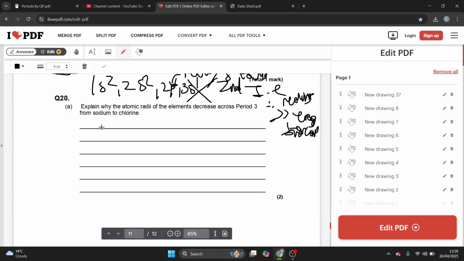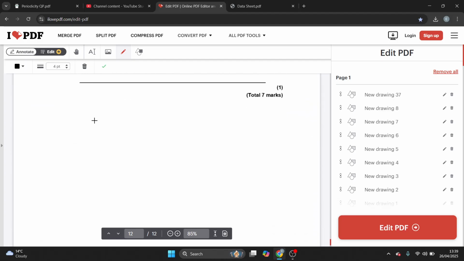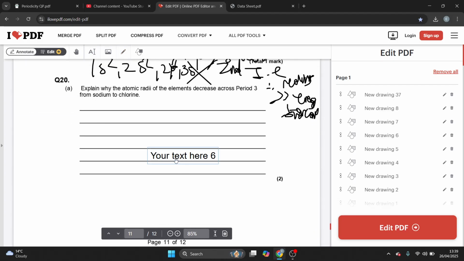Explain why the atomic radii of the elements decrease across period 3 from sodium to chlorine.